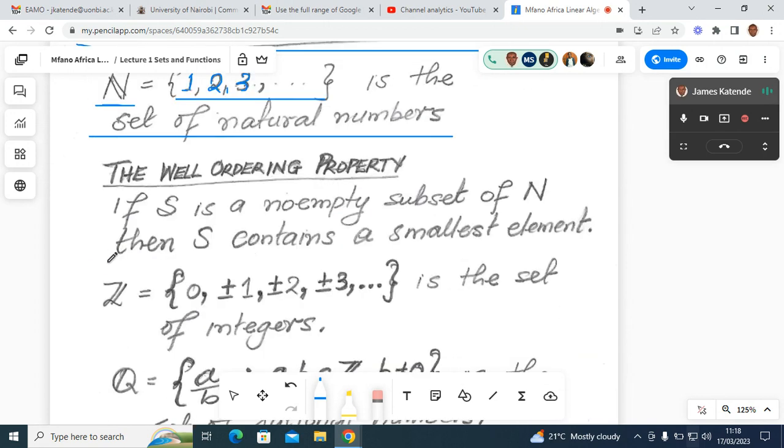There's an important property of the natural numbers: if you have any non-empty subset of the set of natural numbers, then it must contain a smallest element, or the least element if you like. This is called the well-ordering property of natural numbers. It's useful in proving a number of theorems.